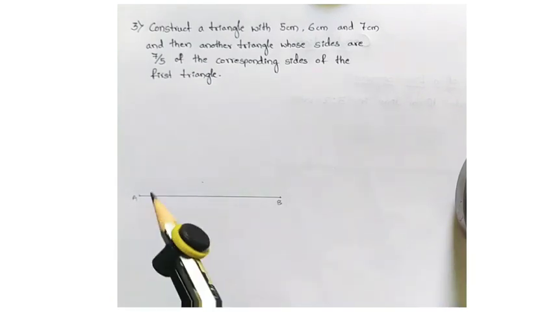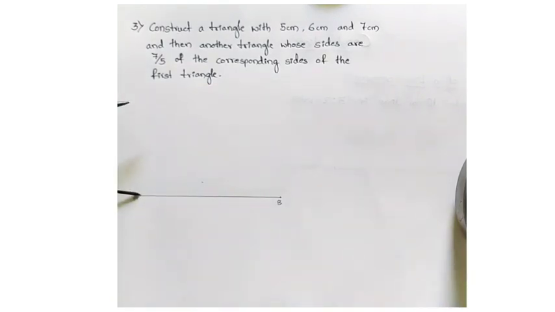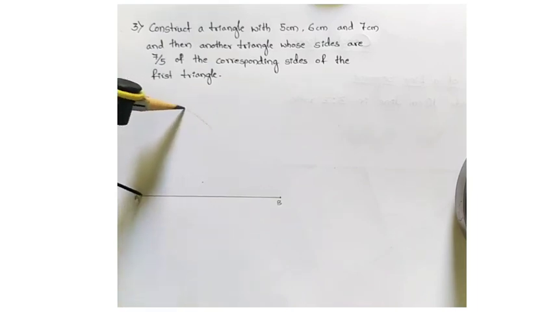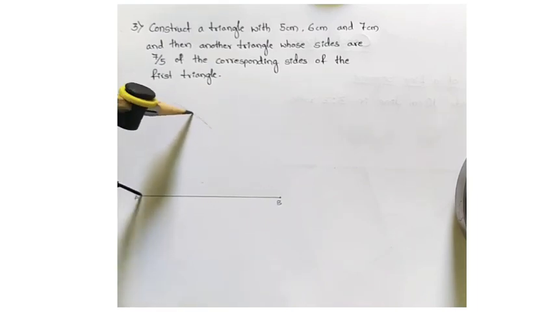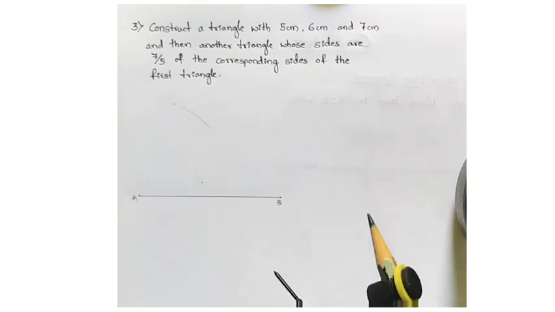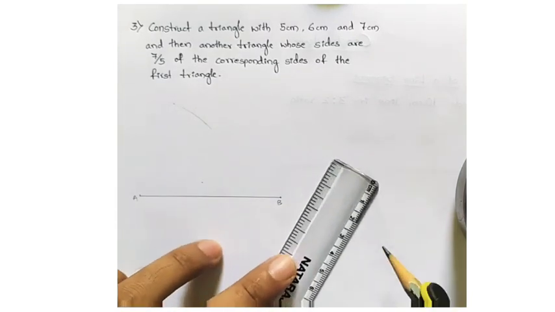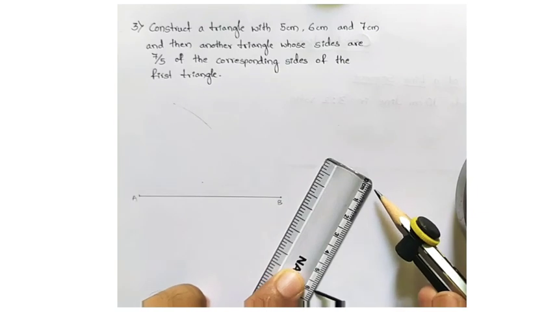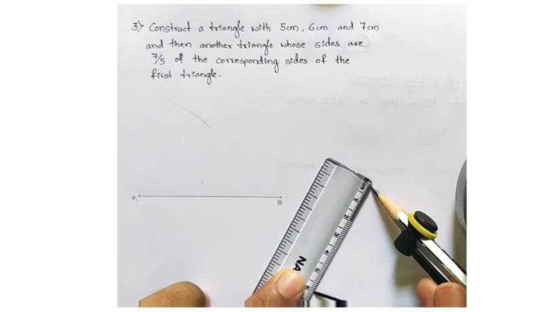Okay, from A draw a 5 cm arc, and from B take 6 cm. Okay, you can change it. From A you can draw 6 and from B you can draw 5 also. No problem for constructing the triangle.